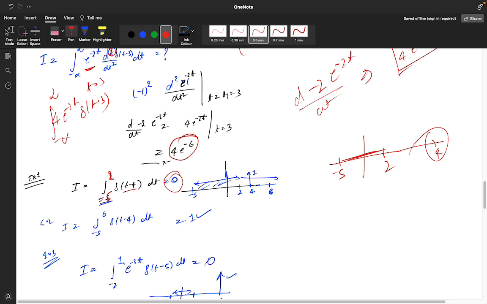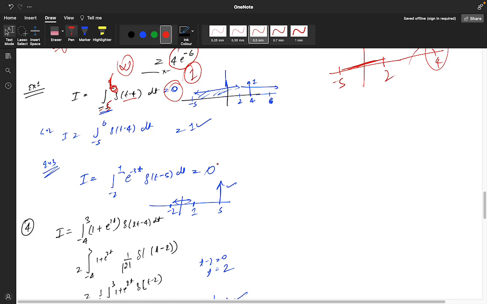If it was minus 5 to 6, or 7, or infinity, then the answer would be 1. Now if minus 5 to 6 of delta t minus 4, the answer we are getting is 1, because the area of delta t from minus infinity to infinity is 1 only.